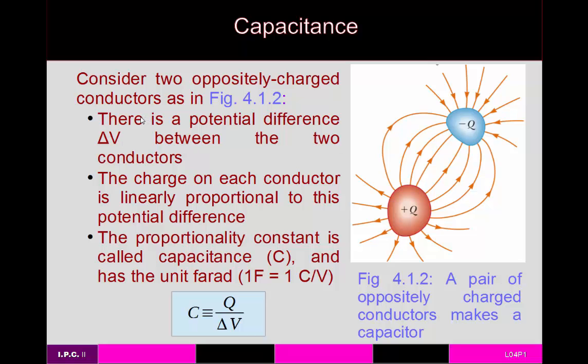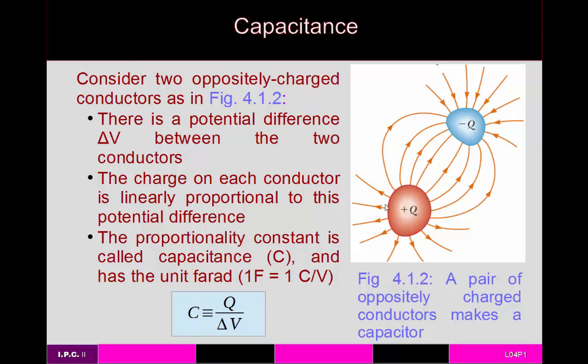Then if these conditions are met, there's going to be a potential difference delta V between the two conductors. And you can get that from going back and looking at the definition for electrical potential. For example, if these two represented point charges, you could see that there's going to be a potential difference for a third test charge to be moved from here to here.